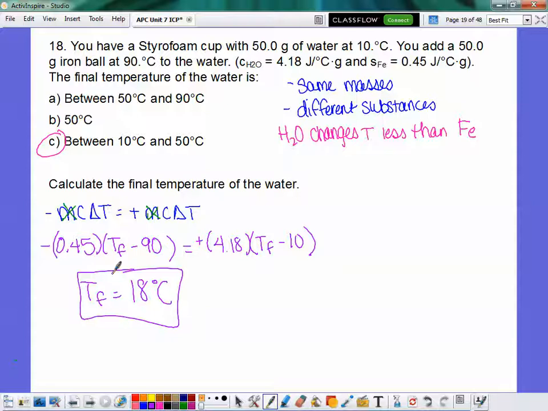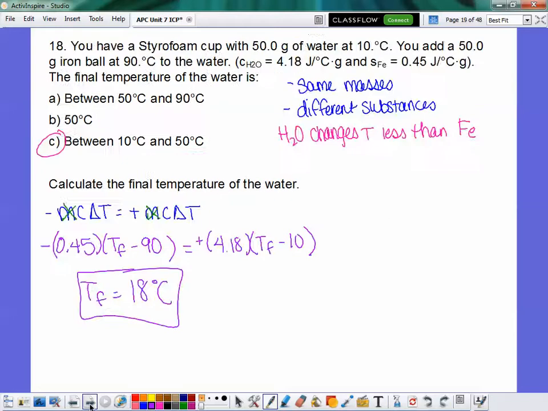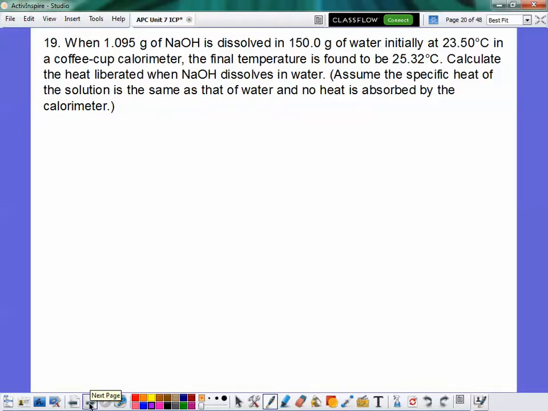Now we're going to move on and talk about something we're going to use for our hand warmer lab. Let me back up. This was like the first part of our hand warmer lab that we're doing next class. In 2 classes, it's going to be more like problem number 19. The goal of next class's lab is to determine the efficiency of your calorimeter.